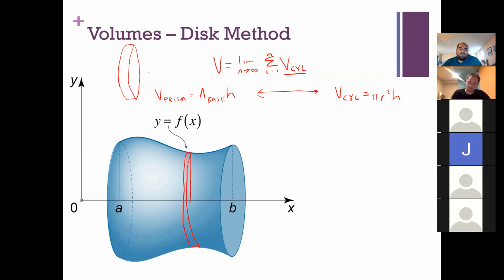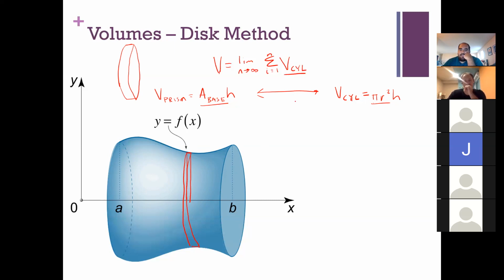What shape is the base of this cylinder? Well, wouldn't it just be a circle? Yeah, it's just a circle, which hopefully makes sense that the volume of a cylinder is pi r squared h. Pi r squared is the area of a circle, and that's what shape these bases are.